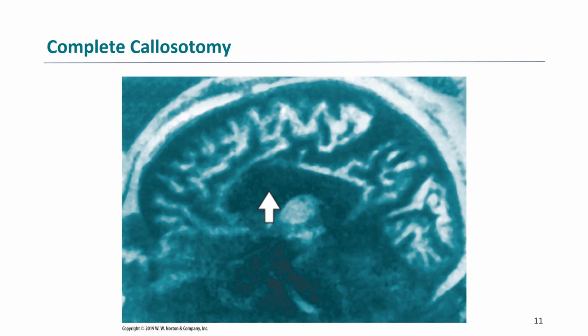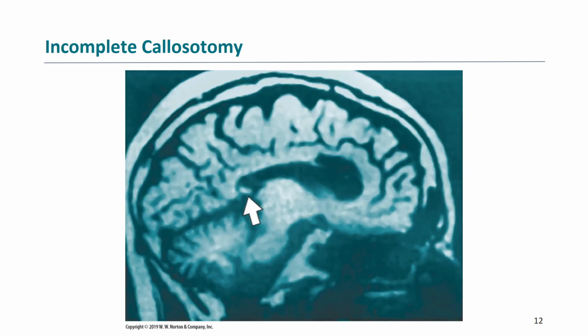This is a patient with a complete corpus callosotomy. So there is not even one single piece here; the entire corpus callosum was removed. See, everything. And in this one, we left a little bit of the corpus callosum still there.